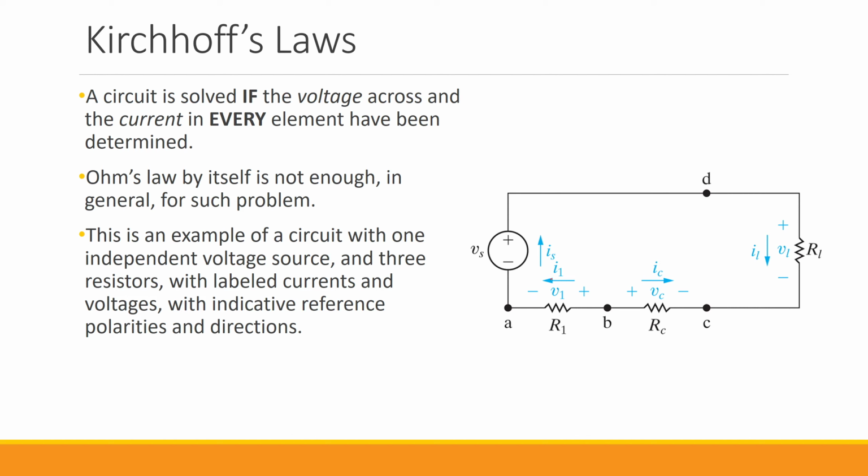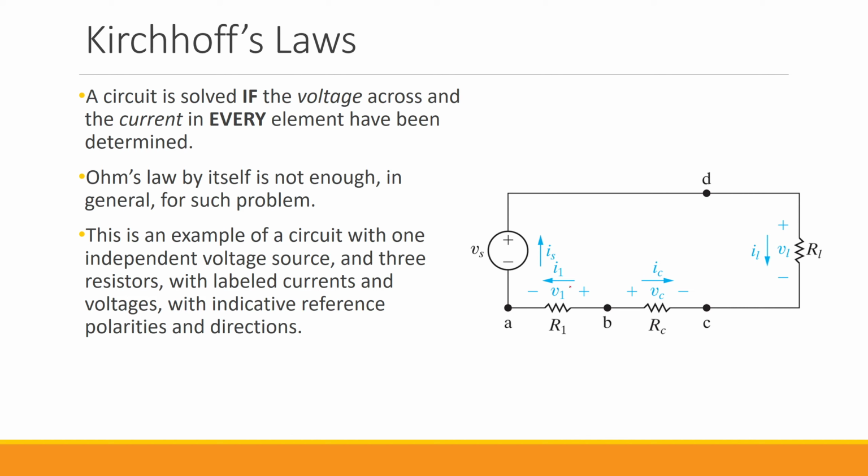Based on this, I consider the current to go in the direction of the voltage drop. I decided on the polarity for the voltage across RC as well, and also for the current, and the same for the resistor RL.